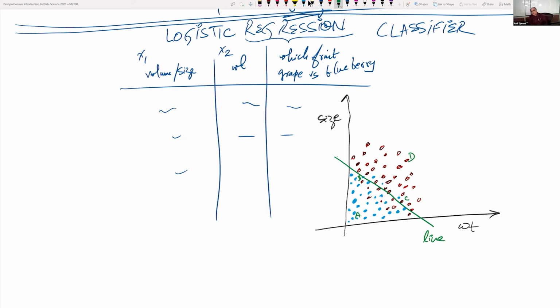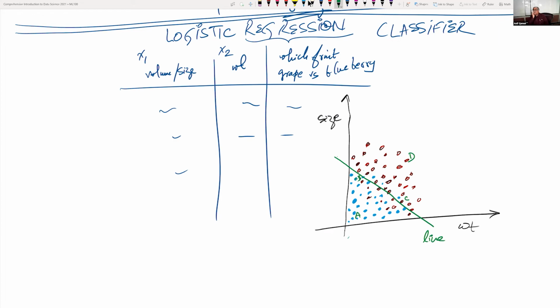What can you say about A? How strongly do you believe this tiny little thing, light little thing, is a blueberry? Very strong. You would have a very strong belief, isn't it? But what about D? A strong belief that it's a grape, isn't it? And if you ask yourself geometrically, why is it? You notice that it is quite far from this line. But the closer you come to this line, at B, what about B?